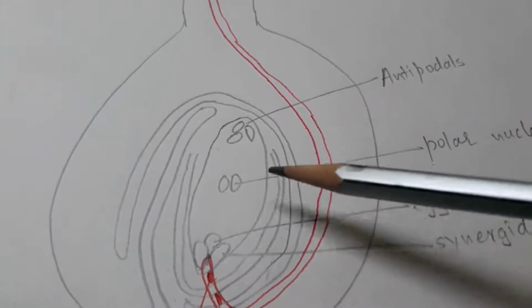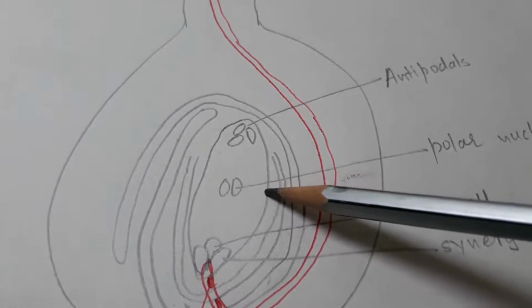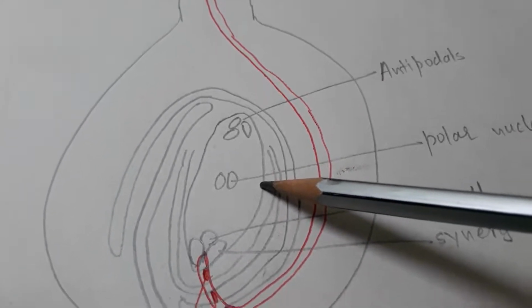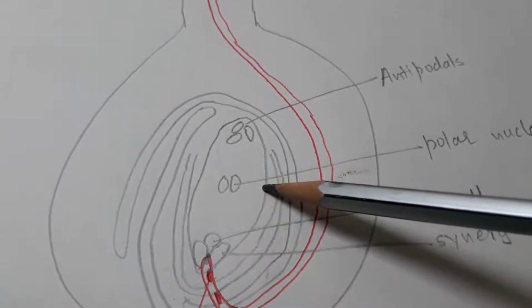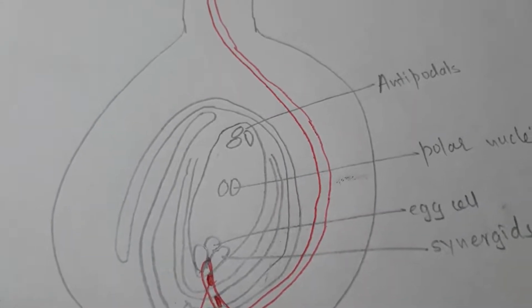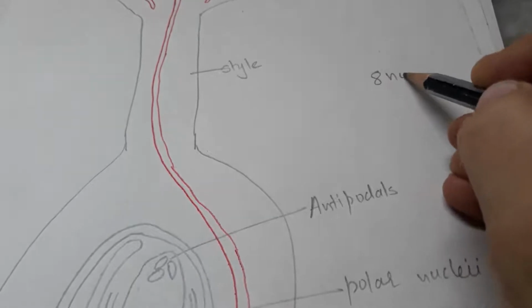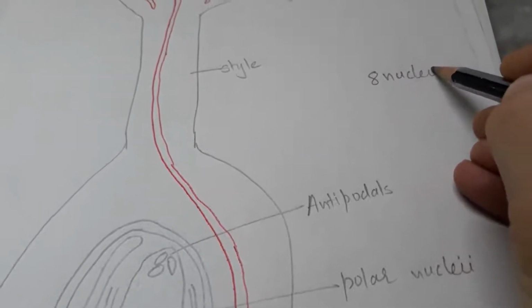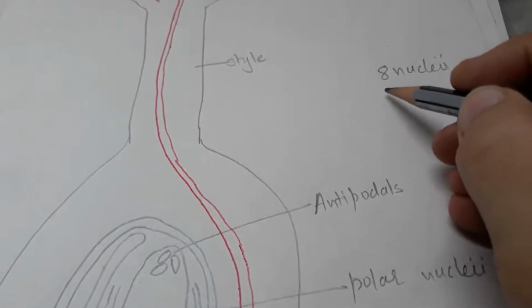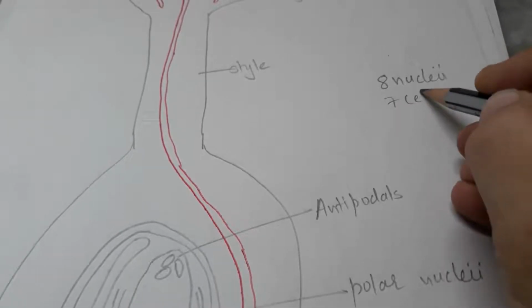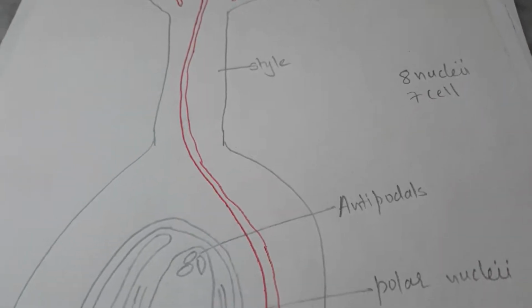Now, inside this central cell, there are 8 nuclei. You remember we had done about the 8 nuclei and 7 cell condition.